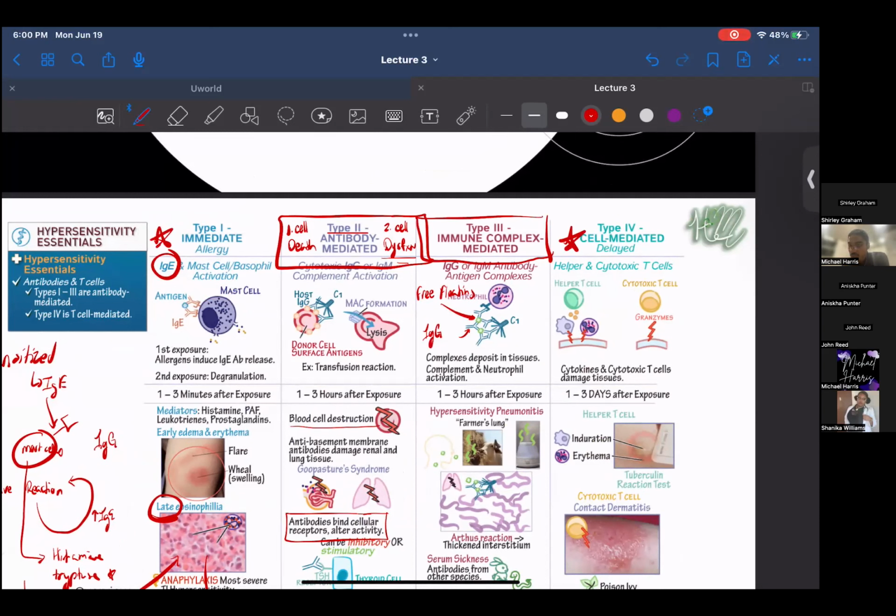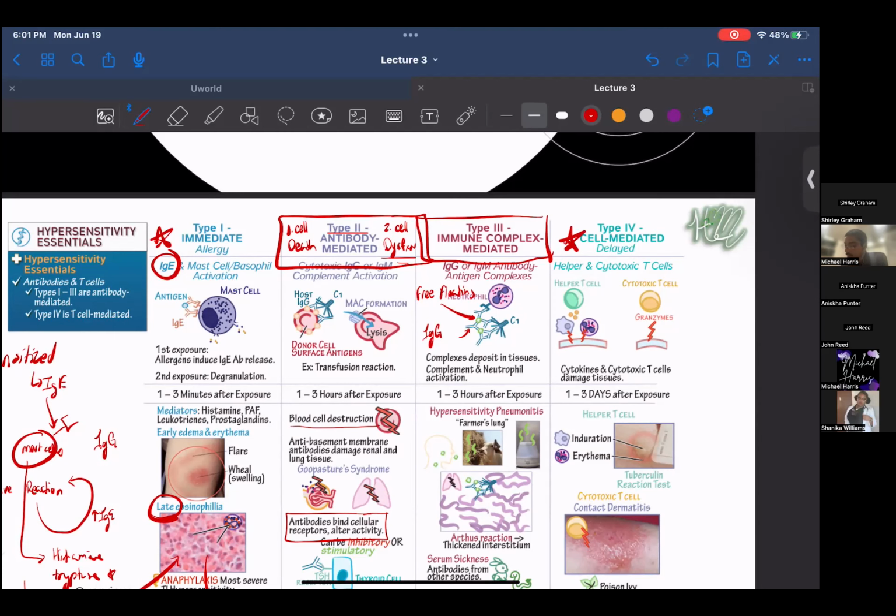It's the middle two people have a hard time identifying because they're like, is this binding to the cell, or is this binding to something in the blood and then binding to the cell? So that's why I'm really stressing that type 2, it binds to the cell. So there's actually something on the cell that is foreign. Type 3, it's binding something in the blood that's foreign and then gets deposited in the tissues where you have filtration.